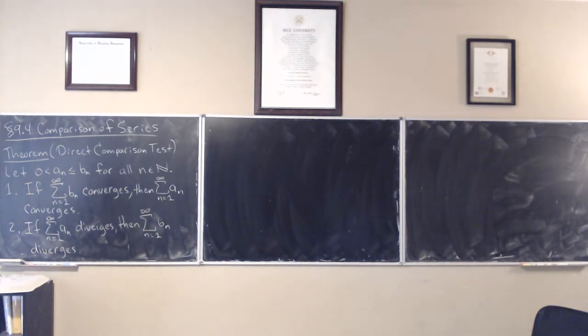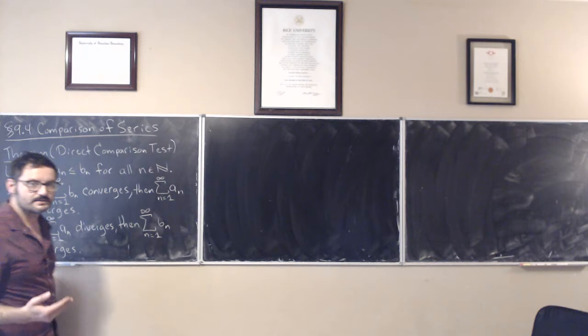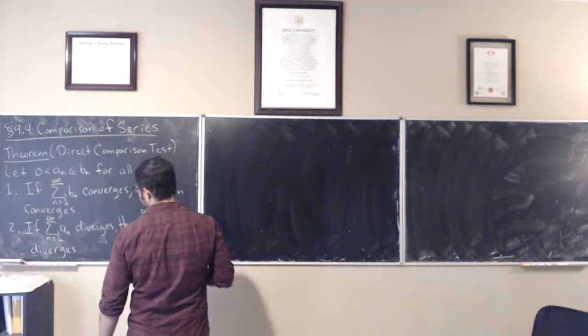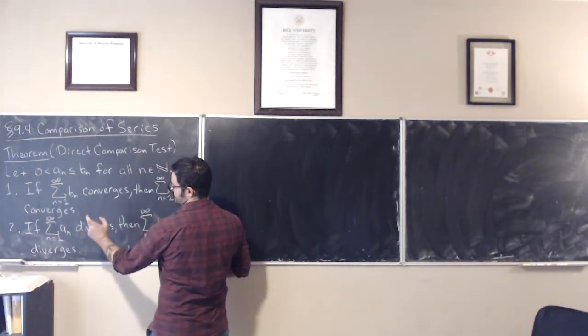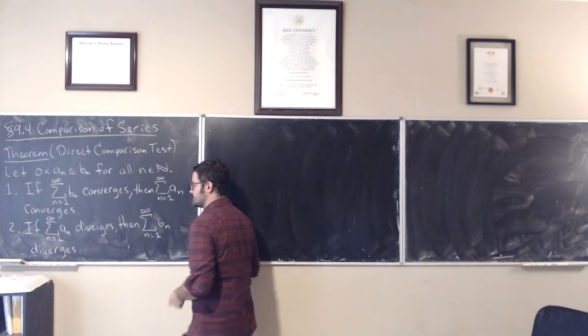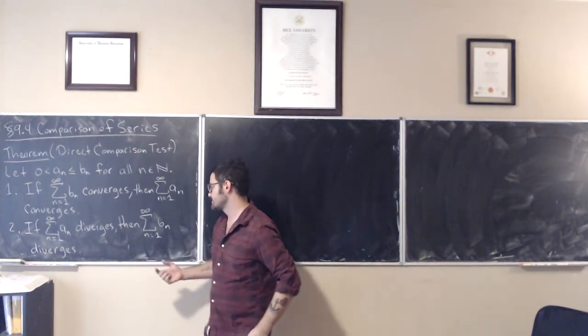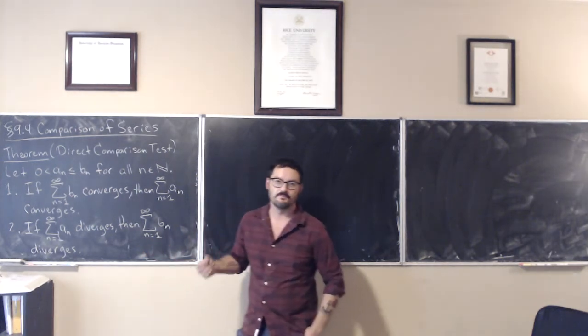If the infinite series with terms b_n converges, then the infinite series with terms a_n must also converge. And the contrapositive of that statement is that if the infinite series with terms a_n diverges, then the infinite series with terms b_n must also diverge.